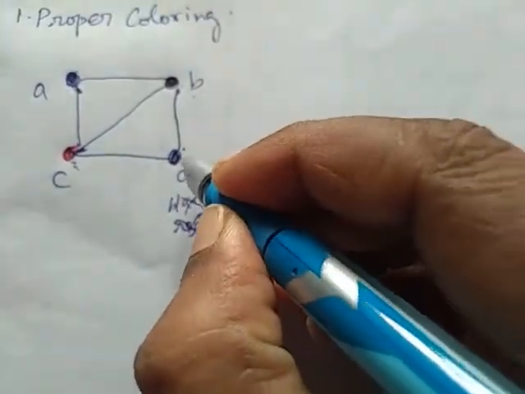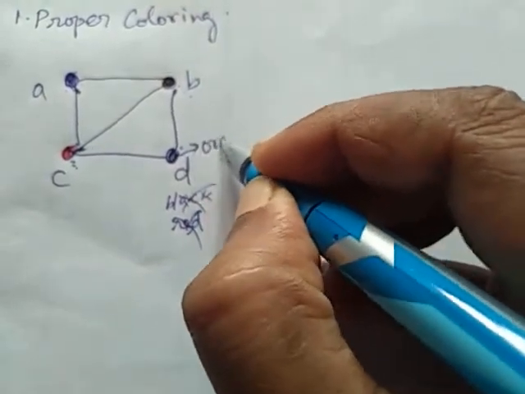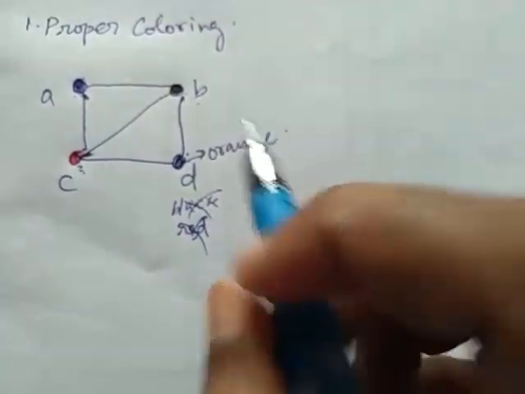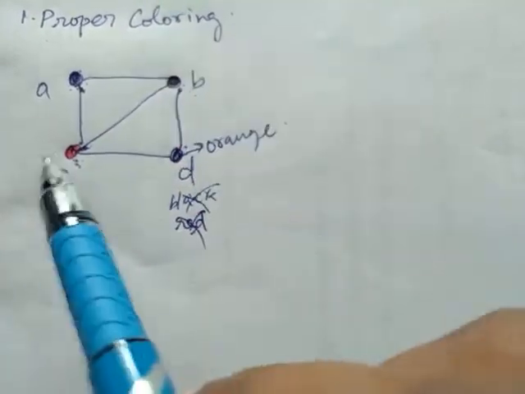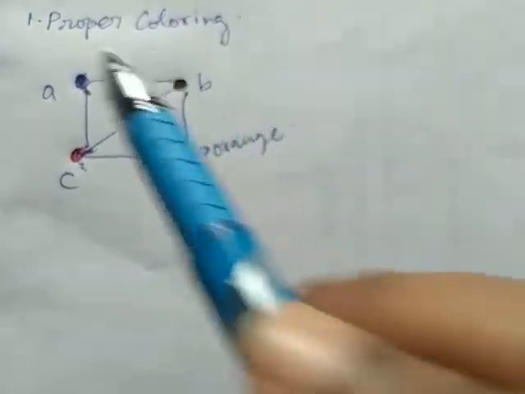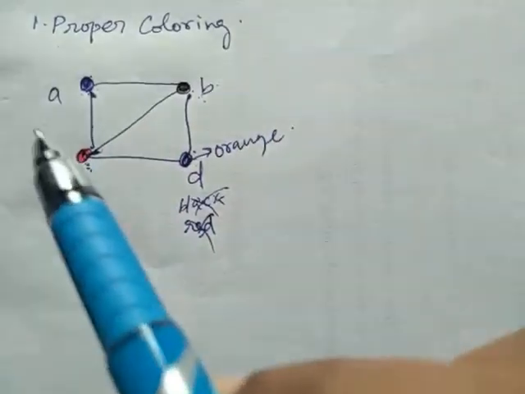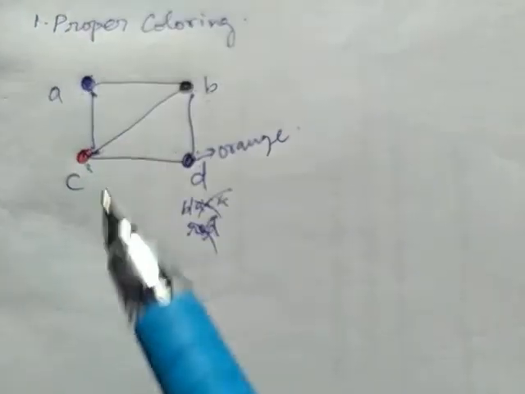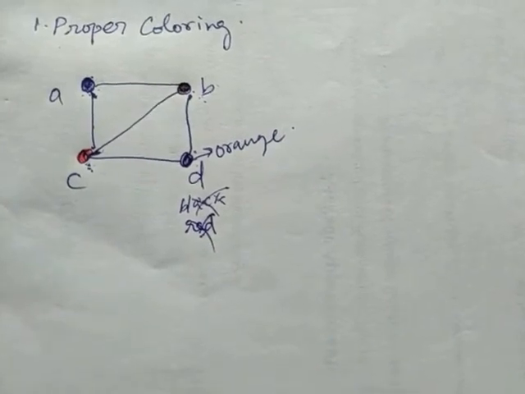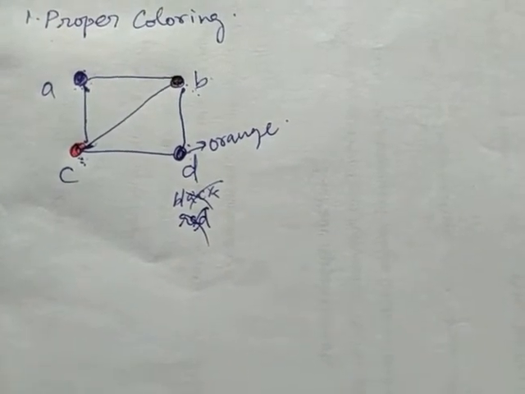I can color this graph using orange also. Then also this graph is properly colored. Blue, black, red, orange. Then also each vertex is having different colors. Still it is properly colored. So in many ways we can color the graph in a proper way.